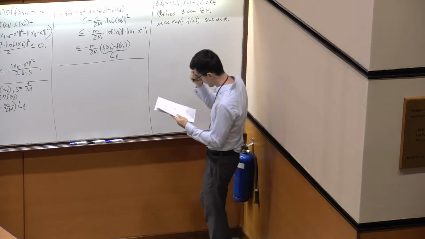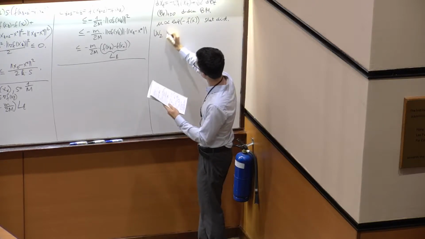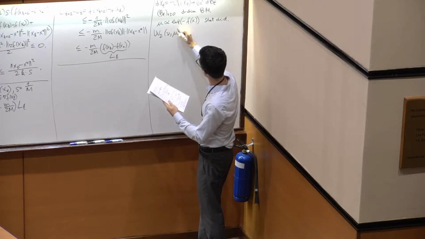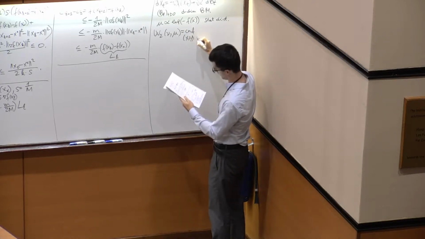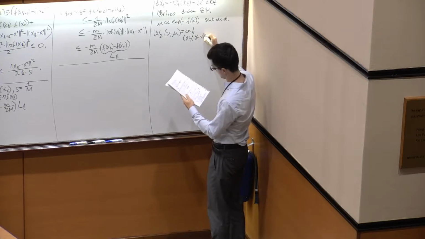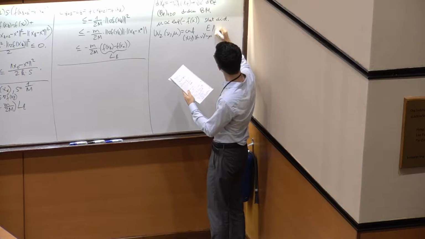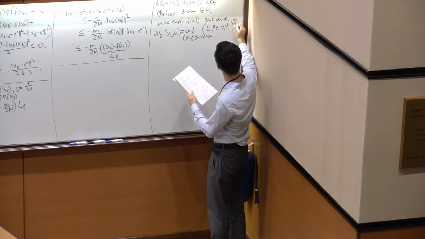So for this, we are going to use the Wasserstein distance. So the two Wasserstein distance of some distribution nu and mu is going to be the infimum over couplings with marginals nu and mu of the expected value of the norm of x minus y squared, and then you take the square root.